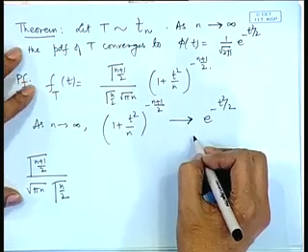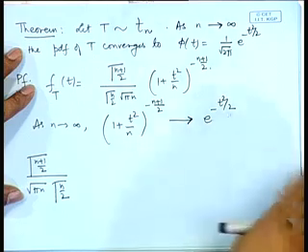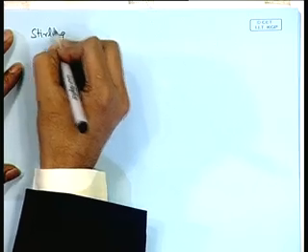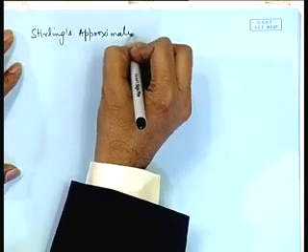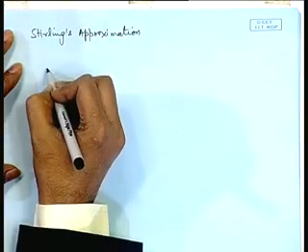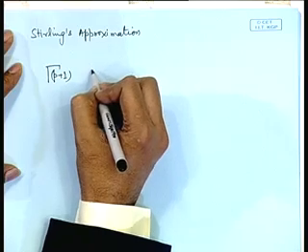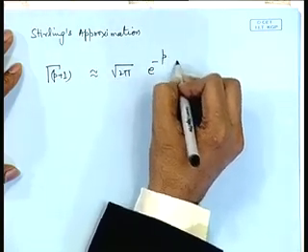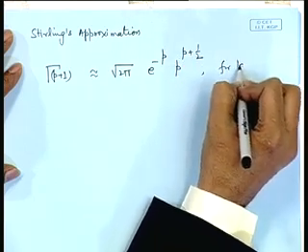Now, there is a formula called Stirling's approximation. So, Stirling's approximation is, let me write it here, that gamma p plus 1 can be approximated by root 2 pi e to the power minus p, p to the power p plus half, for large p.